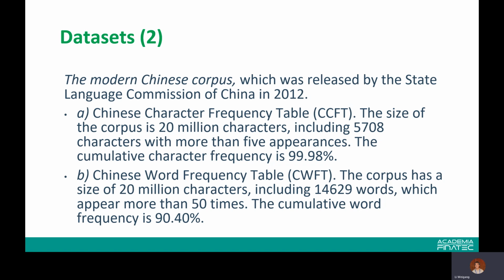The accumulated character frequency is 99%. 2. The Chinese word frequency table. The corpus has a size of 20 million characters, including 14,600 words which appear more than 50 times. The accumulated word frequency is 90%.